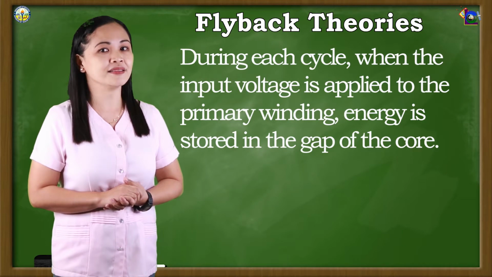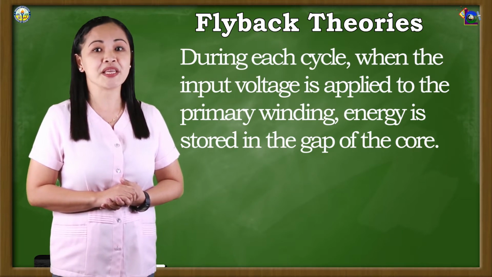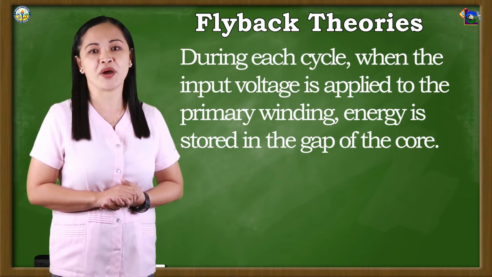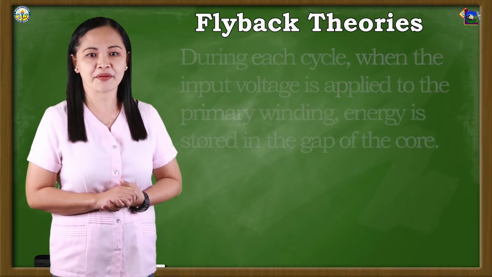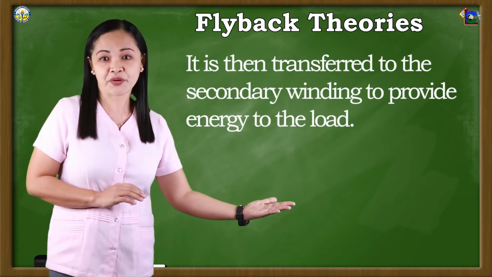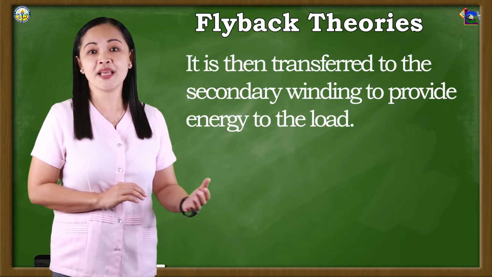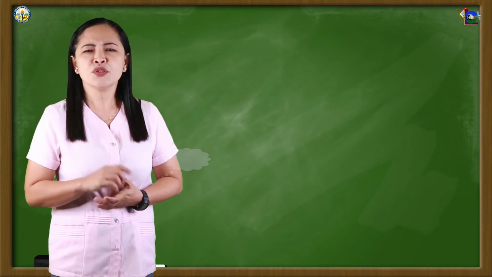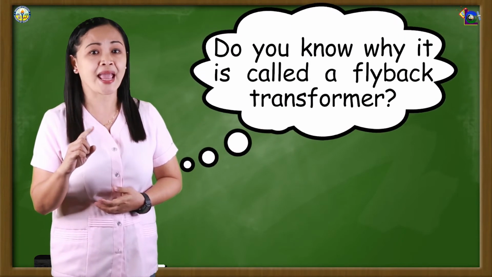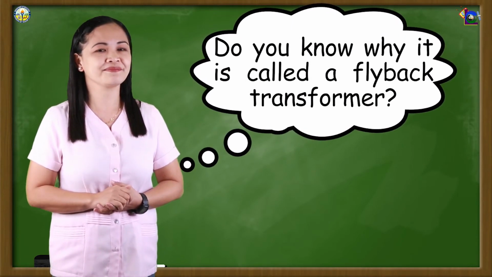During each cycle, when the input voltage is applied to the primary winding, energy is stored in the gap of the core. It is then transferred to the secondary winding to provide energy to the load. Do you know why it is called a flyback transformer?